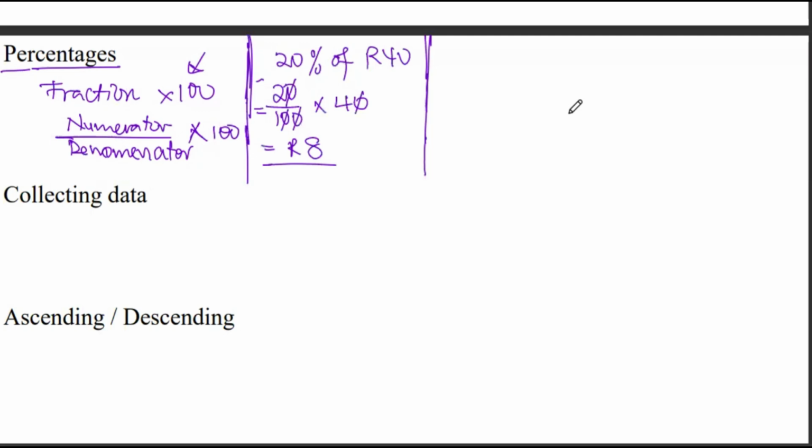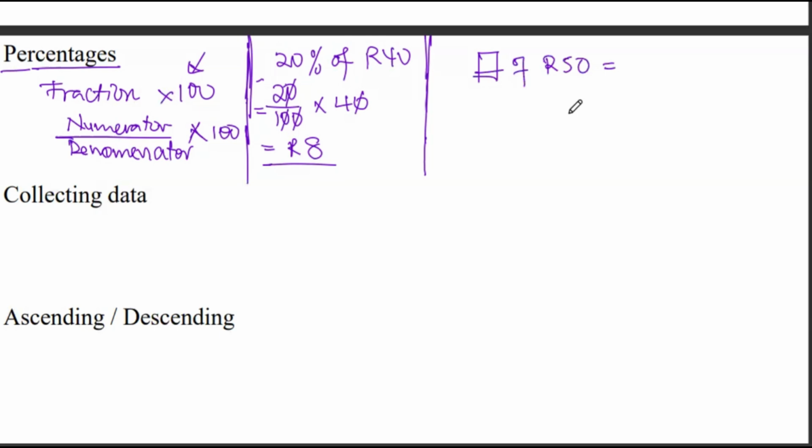Another one is to determine the missing value. What do I mean by that? They say a certain percentage of 50 rand gave them 30.